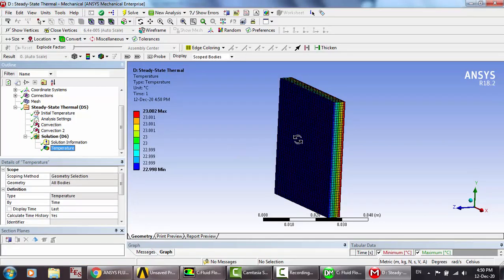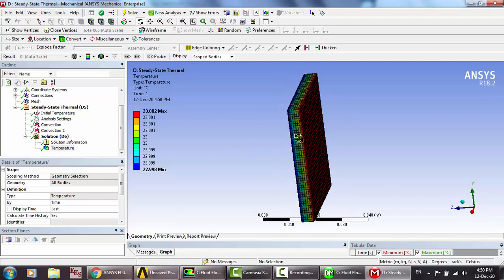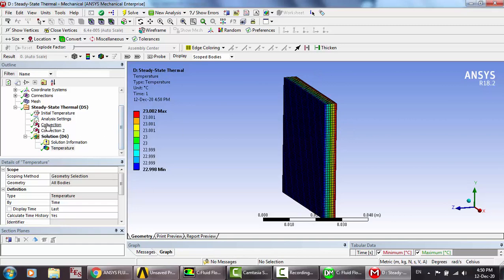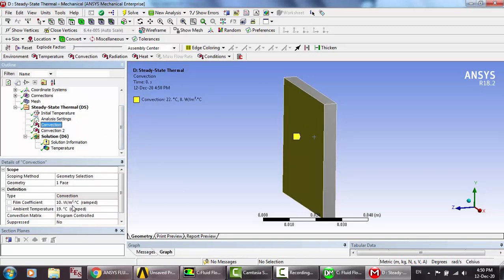So as you can see, what happens is that this surface now has a higher temperature, of course, because this became 19 and here is 27, at 10. So this is pretty amazing. If we increase this, what's going to happen?